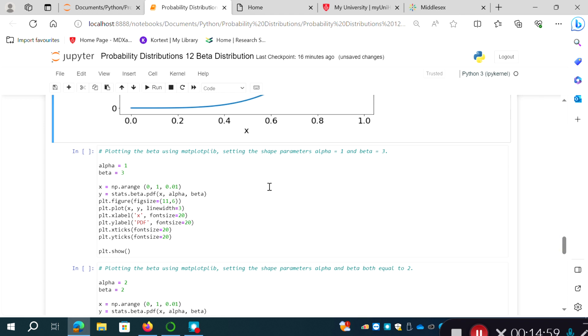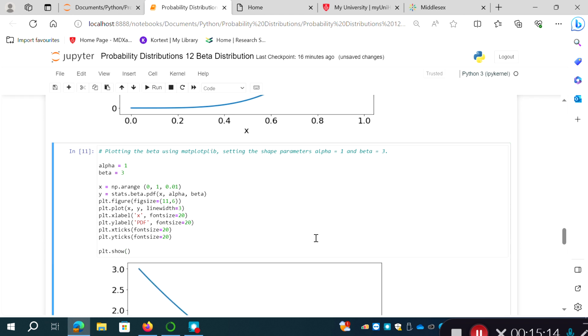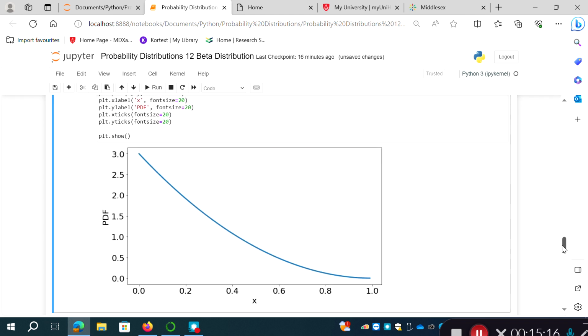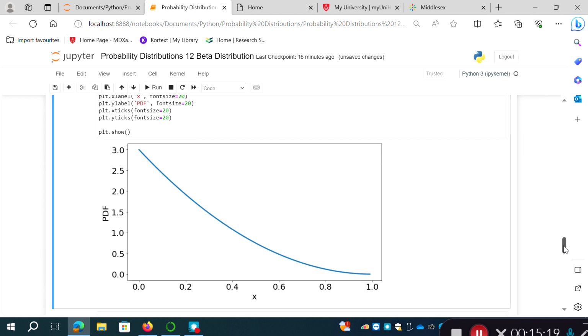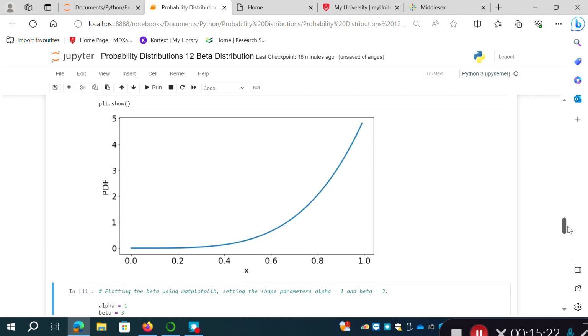Okay, let's reverse that and do something different this time, and set alpha to 1 and beta to 3. They're still reasonably small values for the shape parameters, but beta is larger than alpha. What we see is similar to the opposite, with almost this exponential slope type of thing.